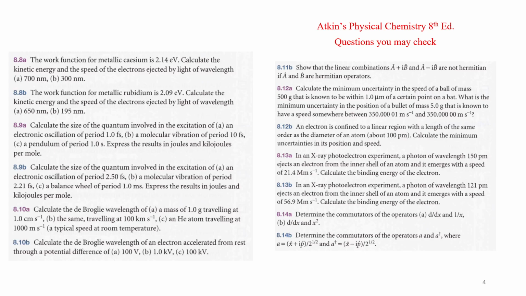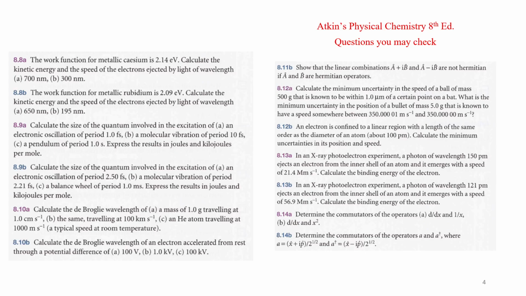First, tell me, which wavelength has higher energy, 700 nanometer or 300 nanometer? 300 nanometer will have higher energy, right? Yes, because hc by lambda, it is inversely proportional to lambda.